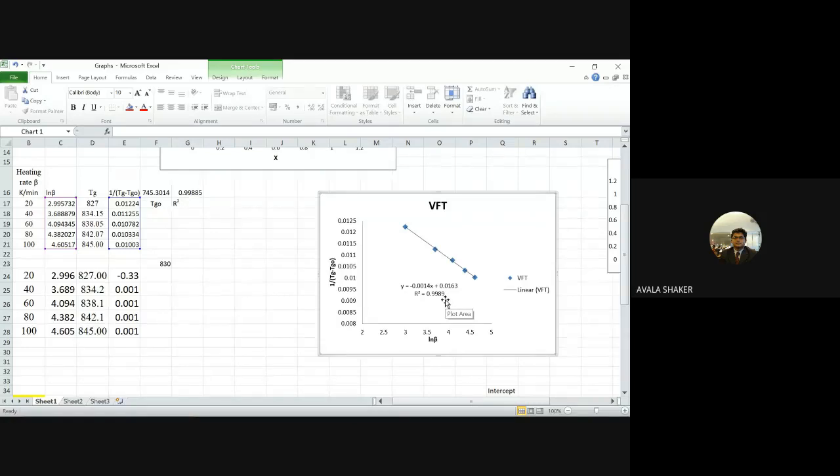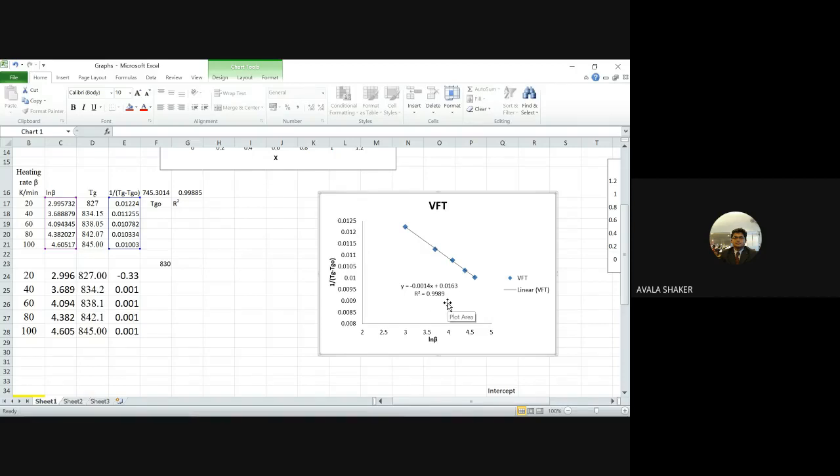For all practical purposes, 0.99 is a good value which we can take as 1. So r square, the regression value, tells me how well the line is fitted to the given data points. Is this clear? I'll tell you how to get this r square, but I was just explaining what it is.